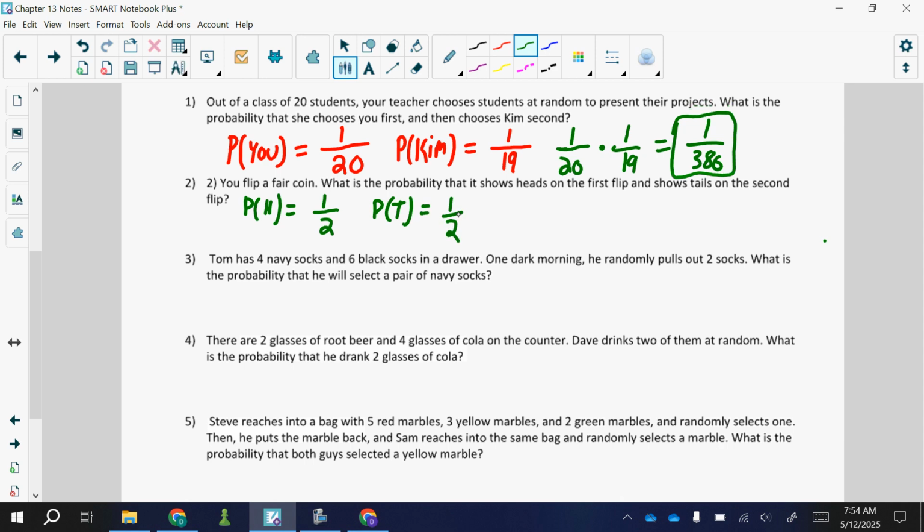It's not like you can put heads or tails back on the coin and then flip it again. Nothing is decreasing; the coin is just the coin. The probability of heads is not going to affect the probability of tails. So you multiply these together: 1/2 times 1/2. 1 times 1 is 1, 2 times 2 is 4. So 1 out of 4.